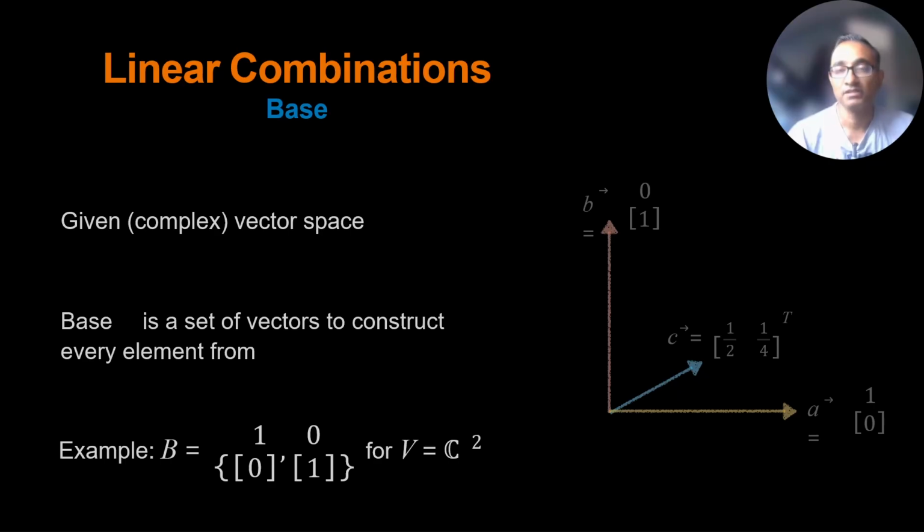These concepts help us extend further into what are called base vectors. Given a complex vector space, a base represents the set of vectors used to construct every element from the given space.